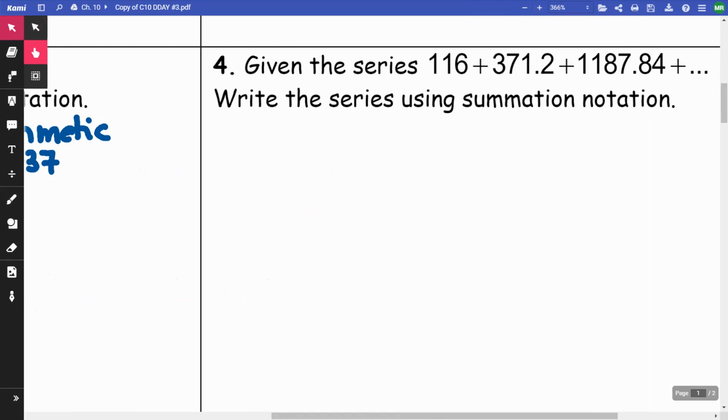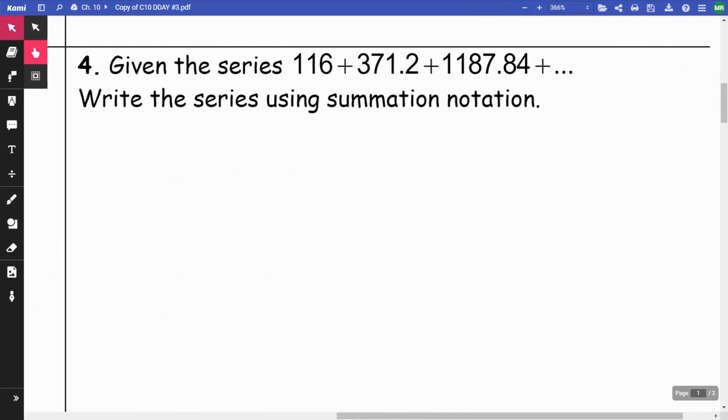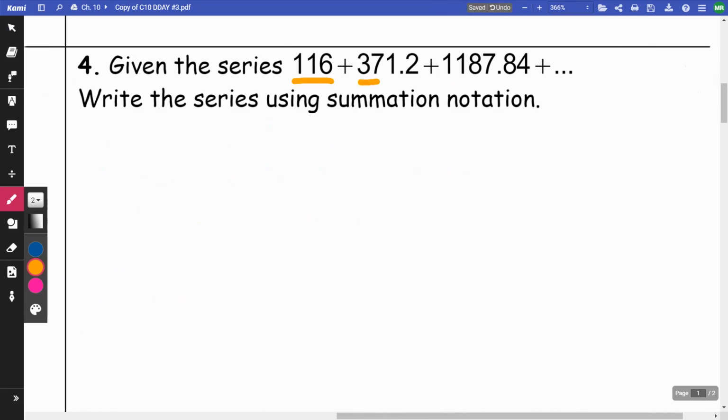On the next one, number 4, this time we are again starting with 116. I obviously am not adding this time. So this one's going to be geometric. So I'm going to see what I'm multiplying 116 by to get 371.2. So I'm going to take 371.2 and divide it by 116 to see what I get.